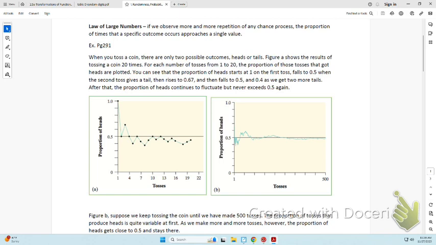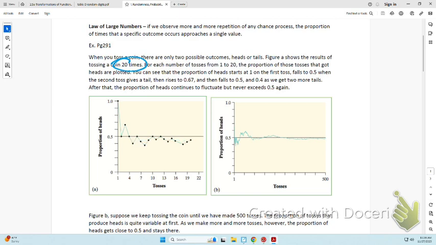If I flip a coin a few times, let's say just 20 times, I could get a disproportionate amount of heads to tails. And you see that it's fluctuating all over the place. After 20 flips, we are at 40-something% heads.